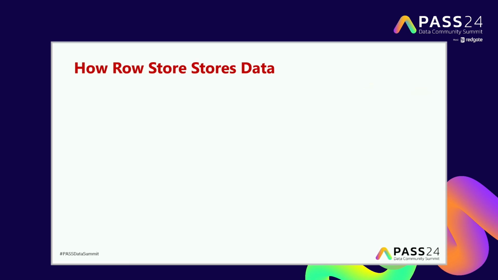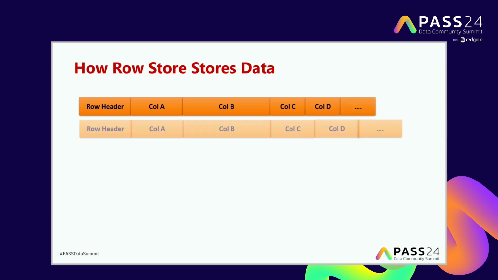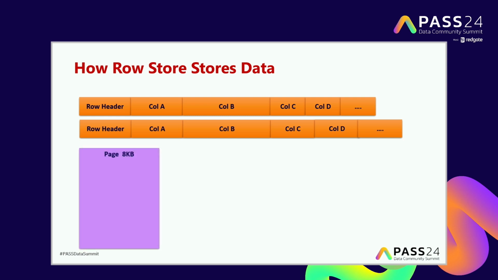One slide looking back at the past before Columnstore, how regular row store tables are stored in SQL Server. So for every row, you have a row header, a couple of bytes, not interesting, and then all the columns are stored behind that header. And then for the next row, it's the same thing. If the data is variable length, the length of the row changes.